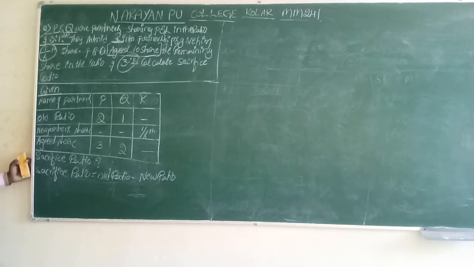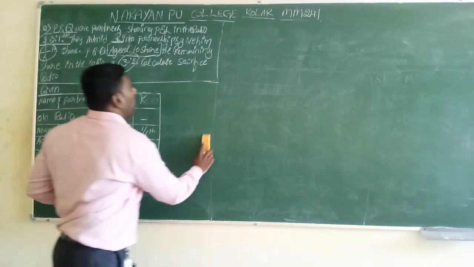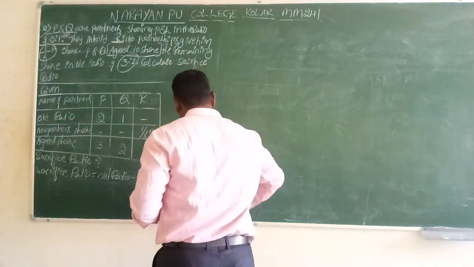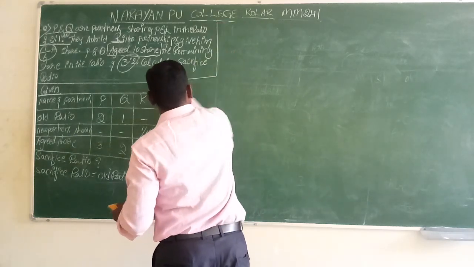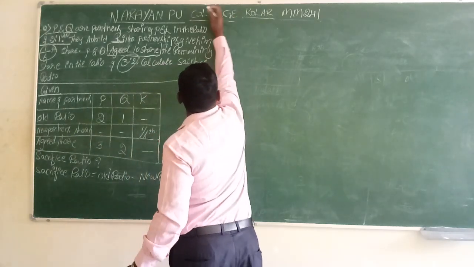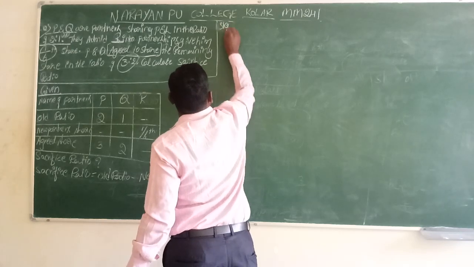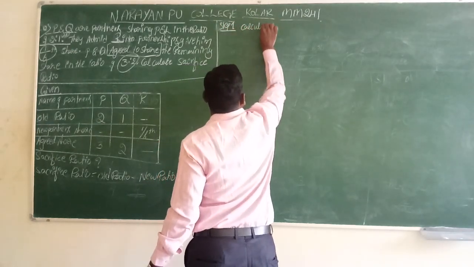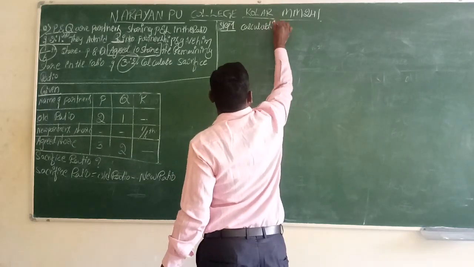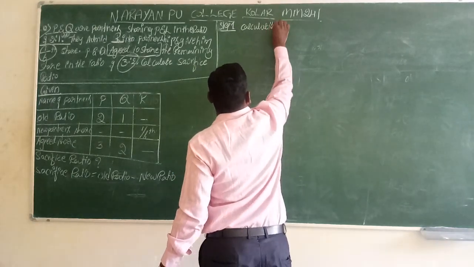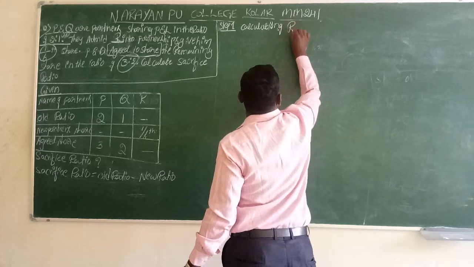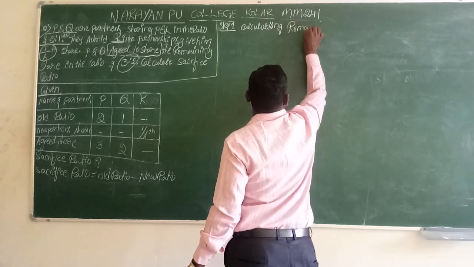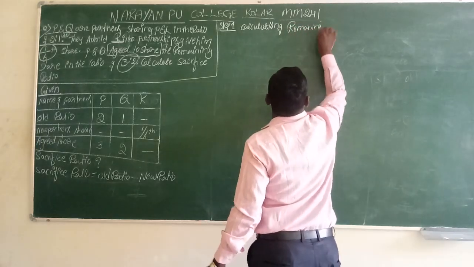So we have to follow 3 steps to calculate the sacrifice ratio. In step number 1, what do we calculate?